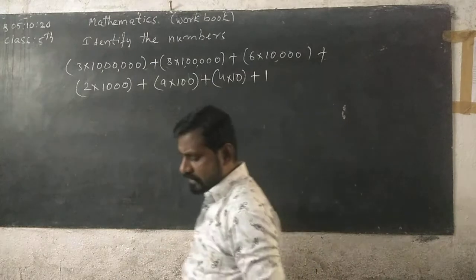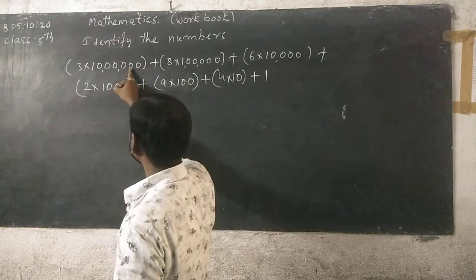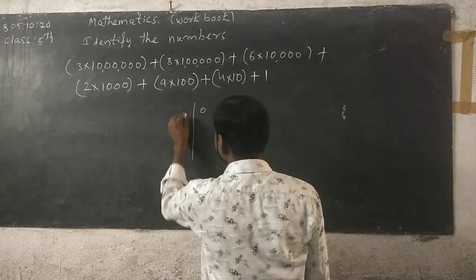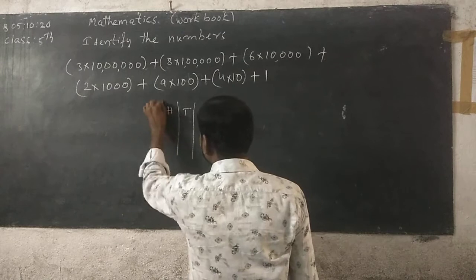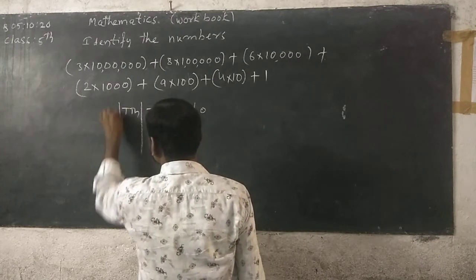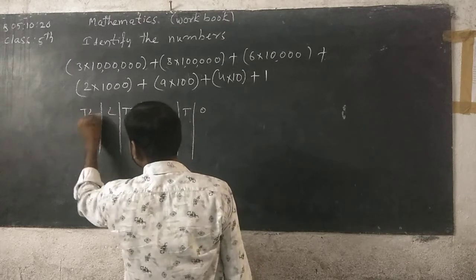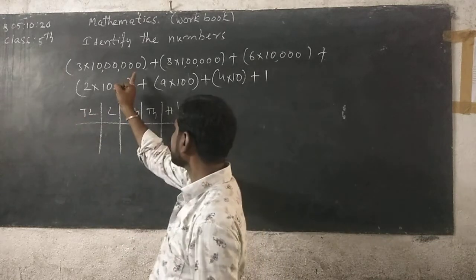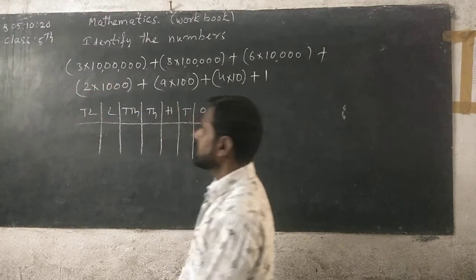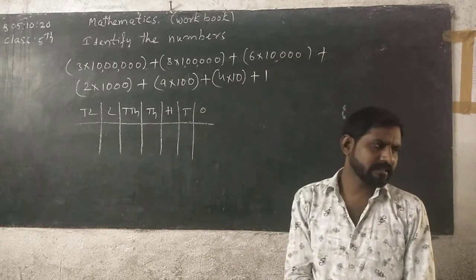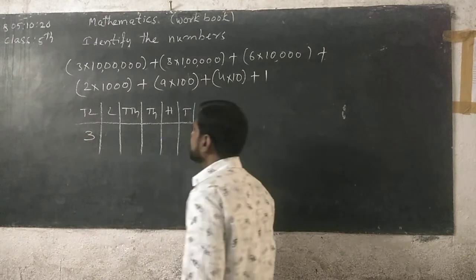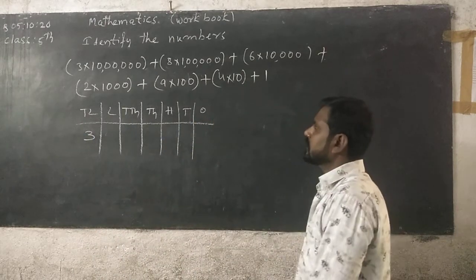See here how many places there are. Once observe: ones, tens, hundreds, thousand, 10,000, lakh, 10 lakh. Once again check it. So here 3 is in 10 lakhs place. Next, go towards the second number from left to right.